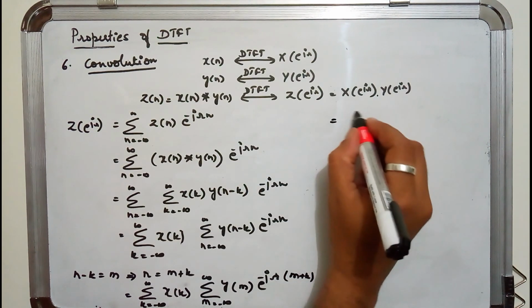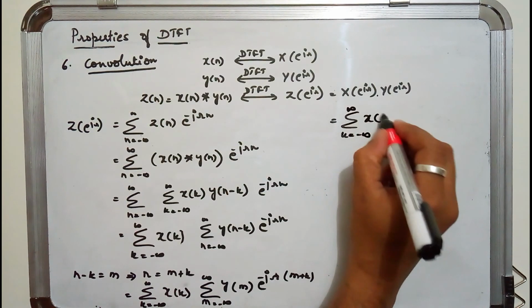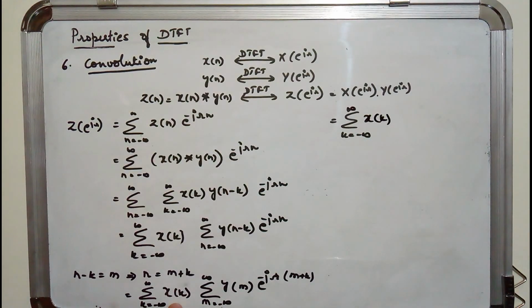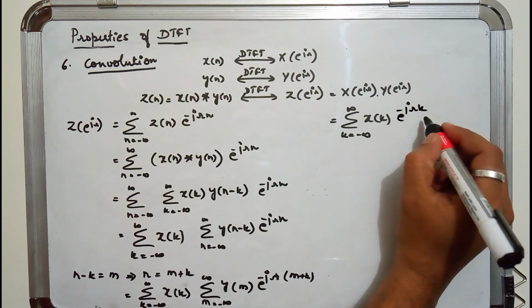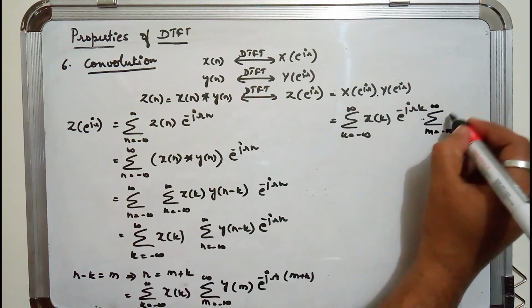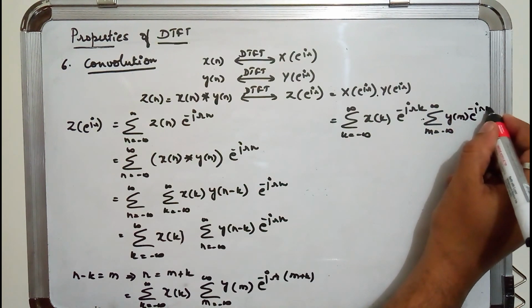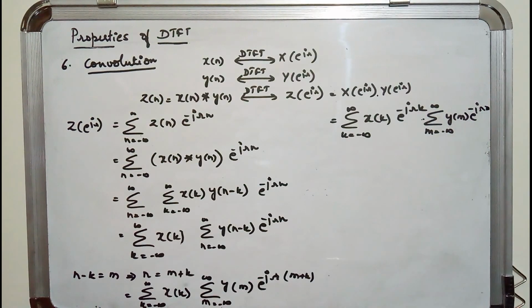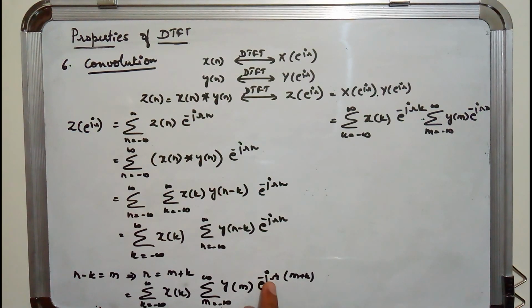So if I rearrange this, summation k equals minus infinity to infinity x of k, I have e power minus j omega k into summation m equals minus infinity to infinity y of m e power minus j omega m. I have taken e power minus j omega k out as a factor.